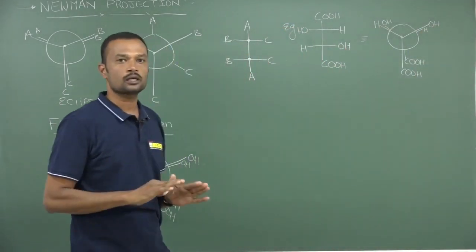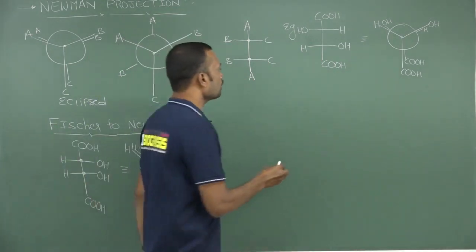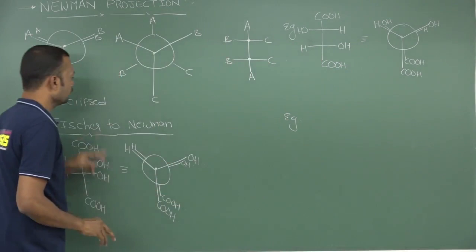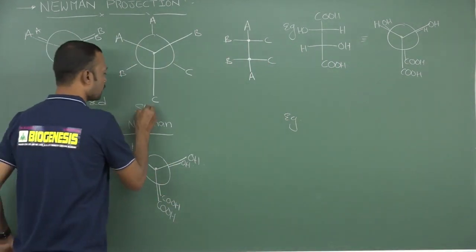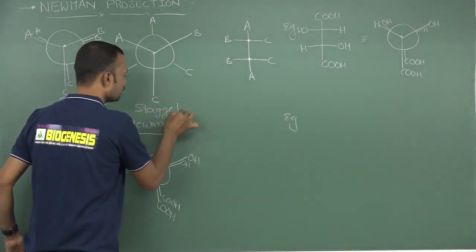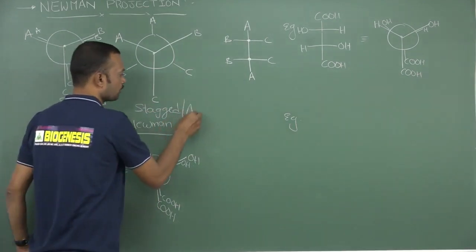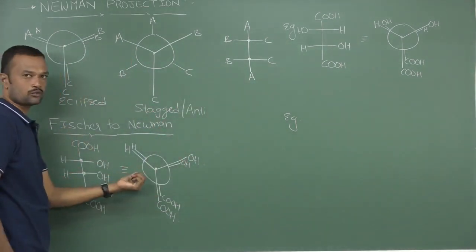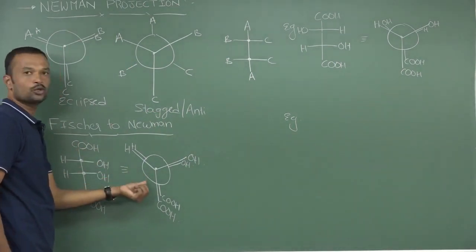Even if you change the substitution pattern, you always need to write in eclipse form only. This is completely eclipse and this is a staggered or anti-form, you can say. But whenever you are doing Fischer to Newman interconversion, every Fischer is a Newman eclipse.